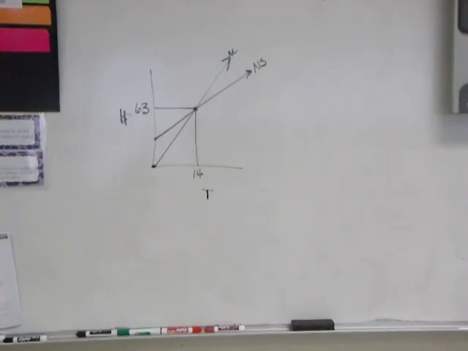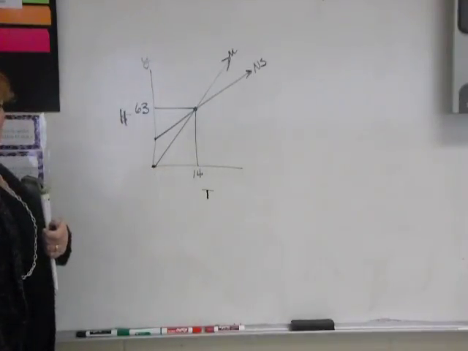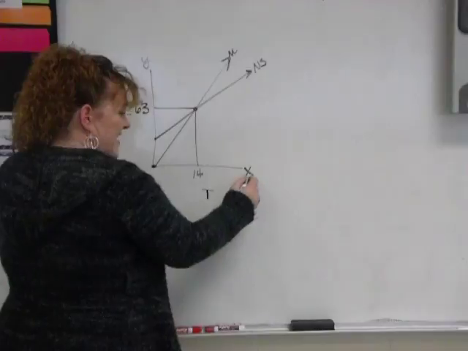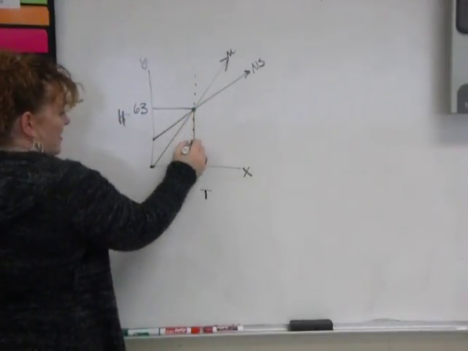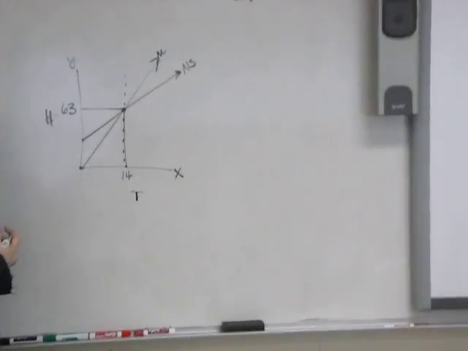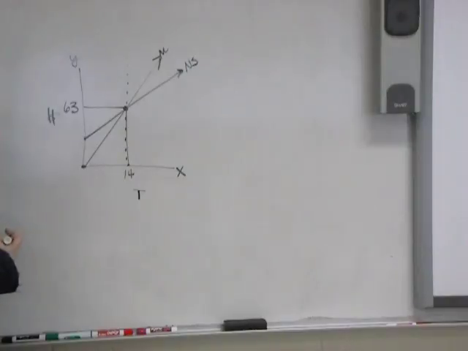Okay, so we had that discussion that this is the y-axis and this is the x-axis, and these lines that run vertically are y coordinates. So at this point where they meet, that is called the y-intercept.